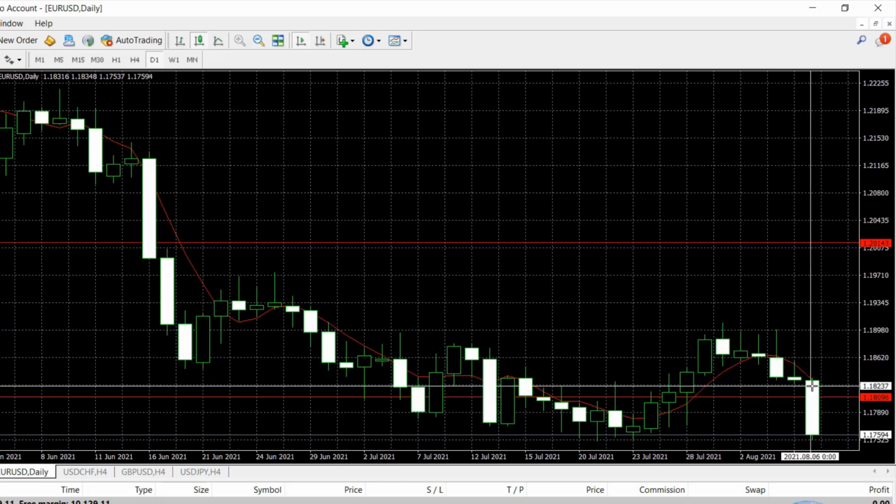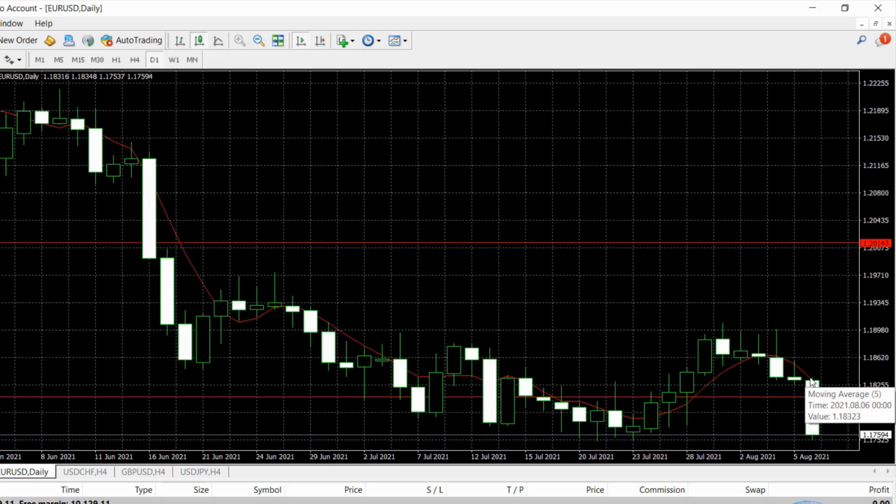And you will see that we have a current value for the moving average that sits at 118.32. But this value was different at the opening of the bar, and it's totally different at the closing of the bar. So during the day, during Friday, this value of the moving average was changing. And when the market opens on Monday, we will have a fixed value on the moving average.